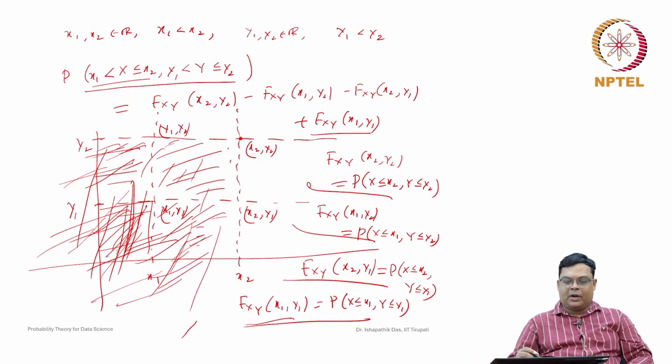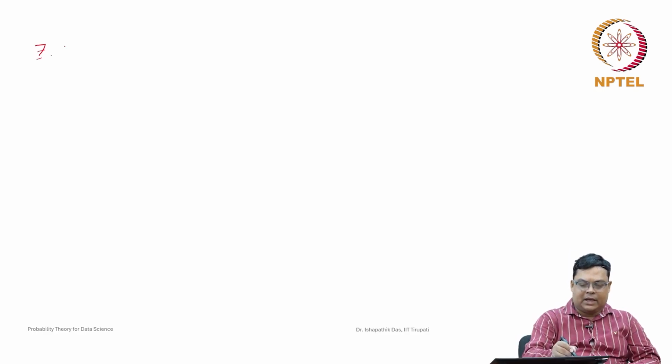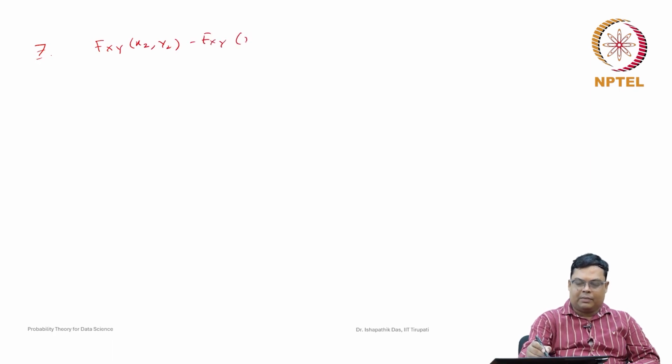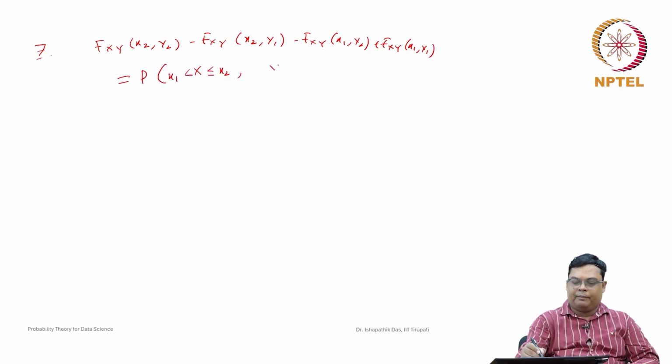Now, the important part is what we want to say. What we found in property 7 is that F_XY of (x2, y2) minus F_XY of (x2, y1) minus F_XY of (x1, y2) plus F_XY of (x1, y1) is the probability that X is between x1 and x2 and Y is between y1 and y2.